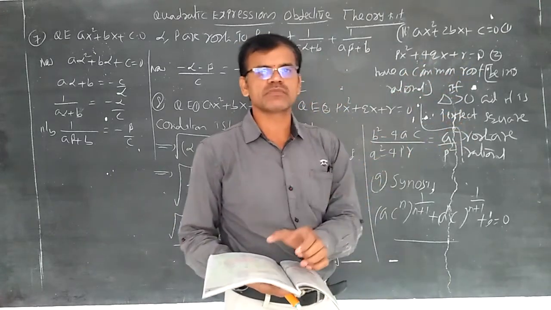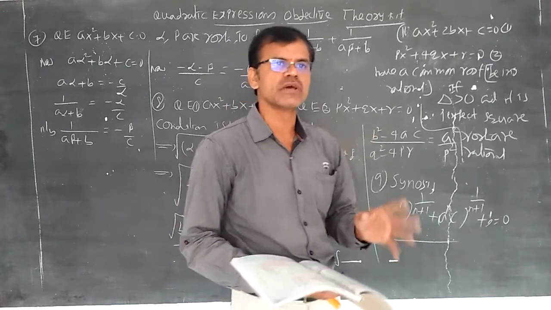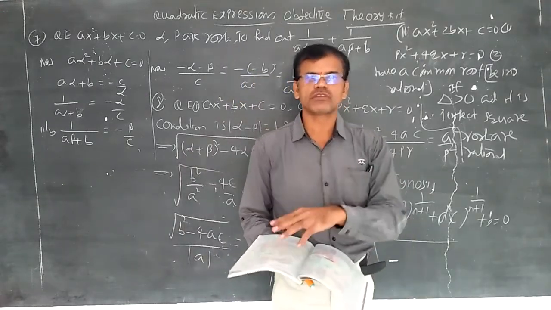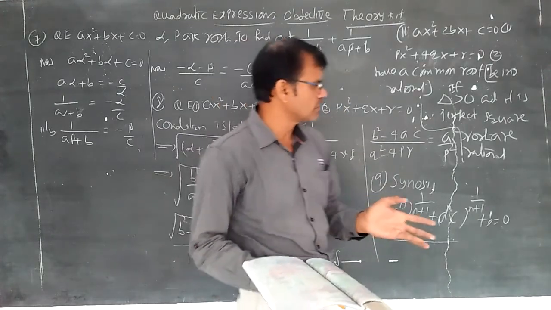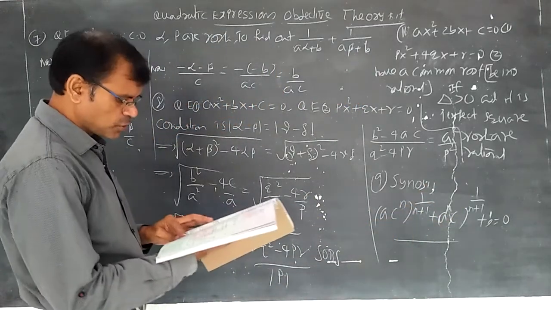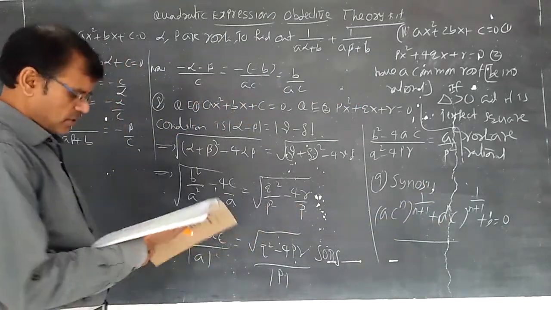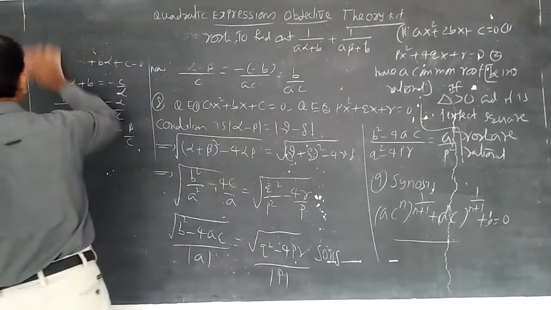Whenever b square minus ac is a perfect square and q square minus pr is a perfect square, 4 into that perfect square is always a perfect square. Example: 4 into 9 is 36, 4 into 4 is 16, 4 into 36, like that. Everything is a perfect square. So the answer is perfect square here. Tenth question, first option. Now let us discuss the 11th one.